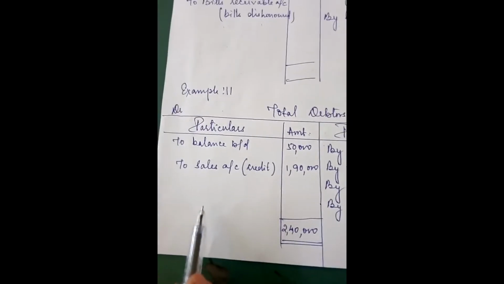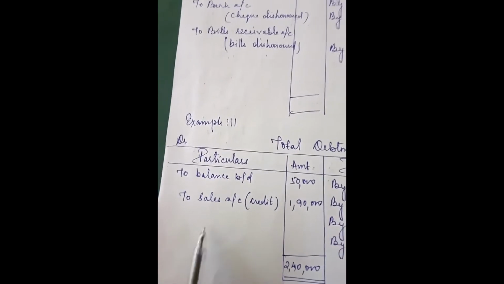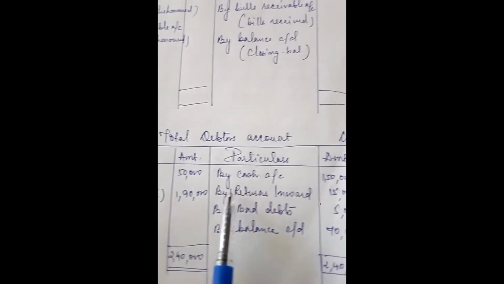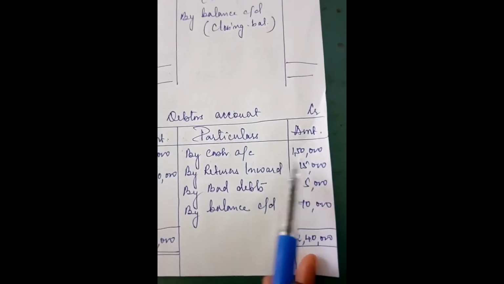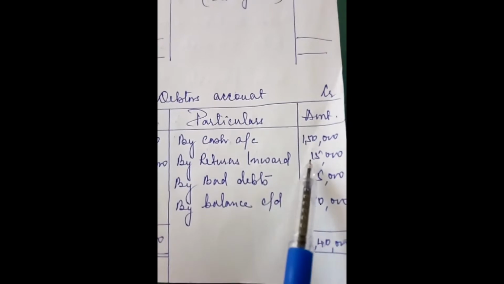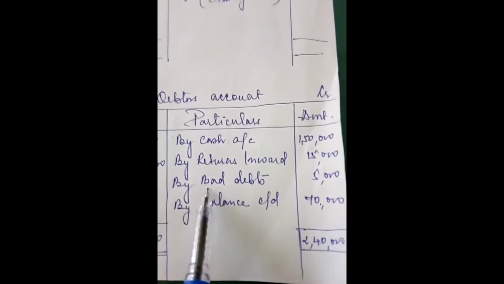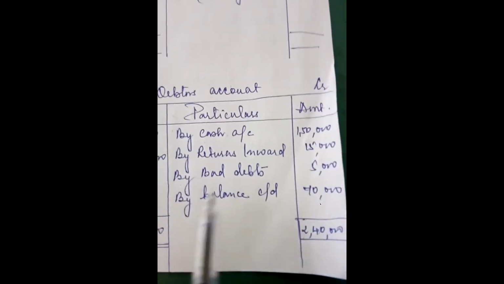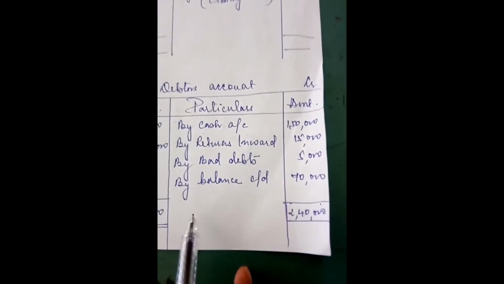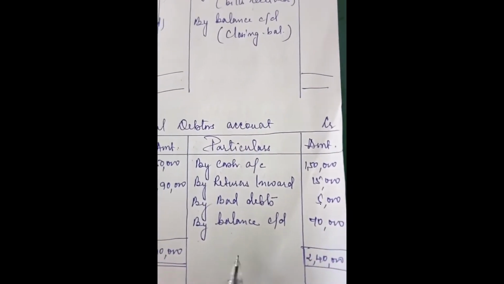Then bank account or the bills receivable account we are not entering here because it's not given in the question. Now the credit side, by cash account 1,50,000, by returns inward 15,000, by bad debts 5,000, by balance c/d 70,000. Now the by bills receivable we are not entering because it's not given in the question.